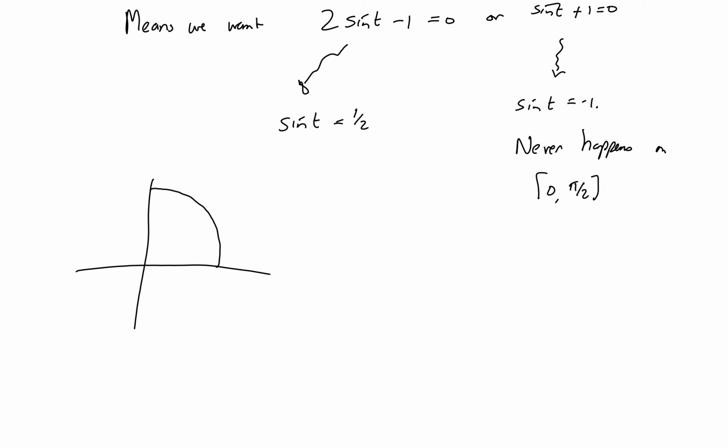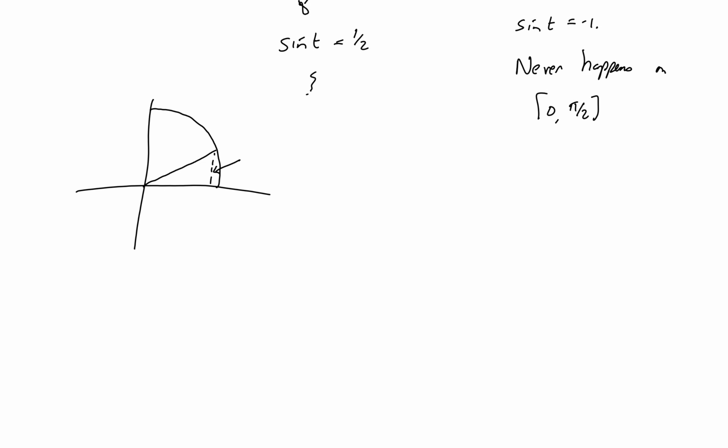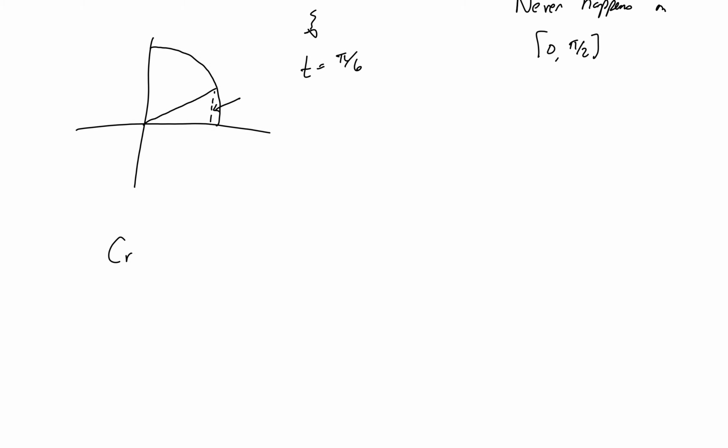And then we know sine is the y value, so that's going to be the value here. And so sine of t equals 1/2 when t is equal to pi over 6. And that's the only value that works on the interval from 0 to pi over 2. So our critical number is only t equals pi over 6.